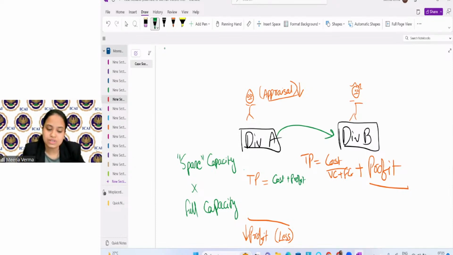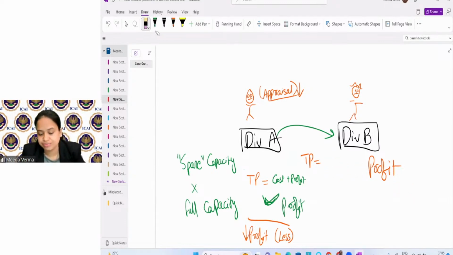Obviously, according to that, the manager of division A will have a profit, while the manager of division B may raise an objection, because he will say, no, I can buy the same product from the outside market cheaper. Then he may object, saying this won't work.